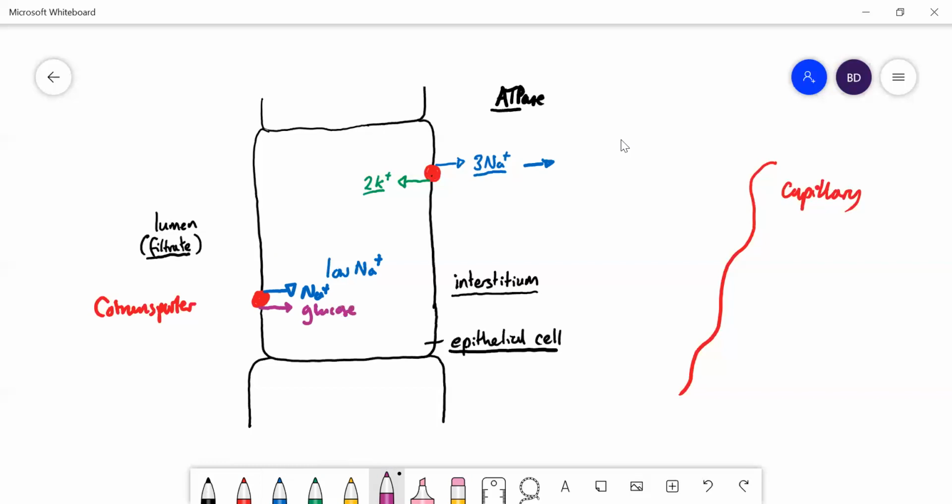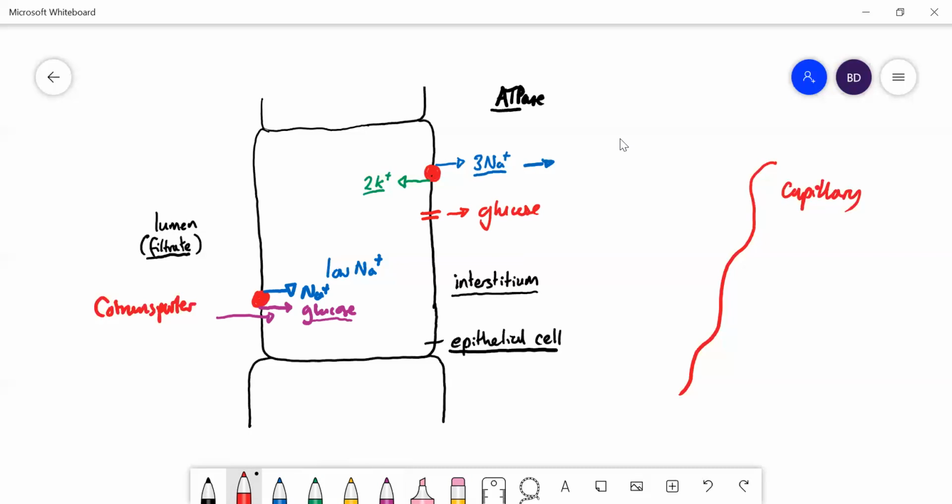So if you like, the exothermic process of sodium ions diffusing into the cell is used to drive the endothermic process of getting glucose into the cell, because the glucose is going against the concentration gradient. In that way, all of the glucose comes out of the filtrate and makes its way into the epithelial cell. And then on this side of the membrane, you have channels, and the glucose can simply diffuse out there.